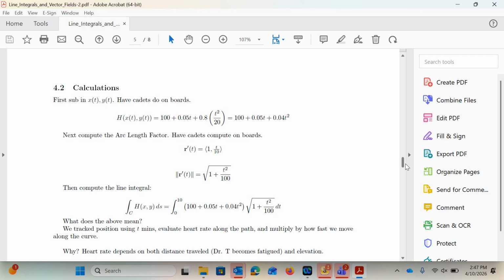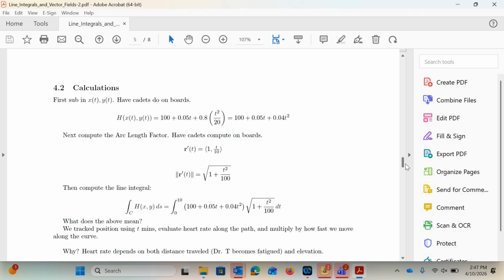Arc length factor is just like an equation we plug in the arc t's. So our arc length factor is the magnitude of that? Yes. Okay. So the formula, let me put it up here. If I have h of x, y, df, meaning is still the same, over this curve, that's the notation.